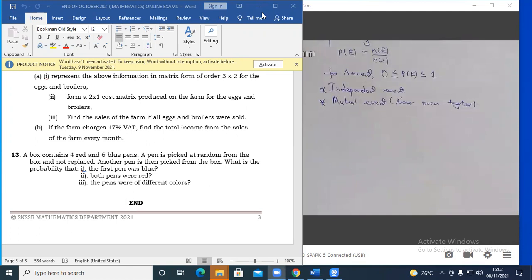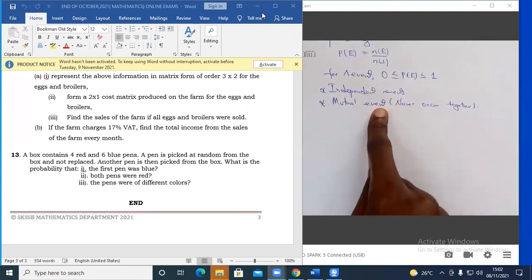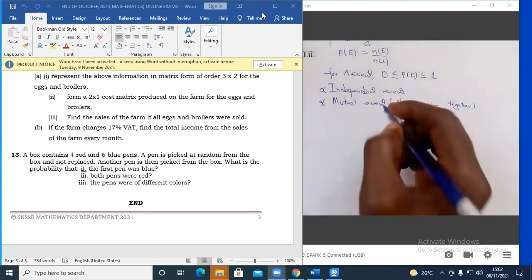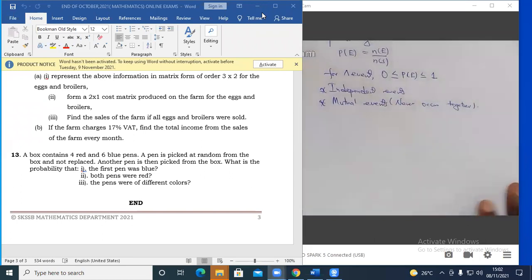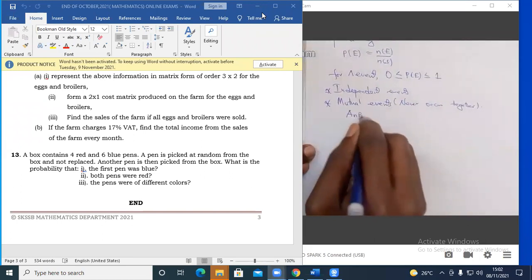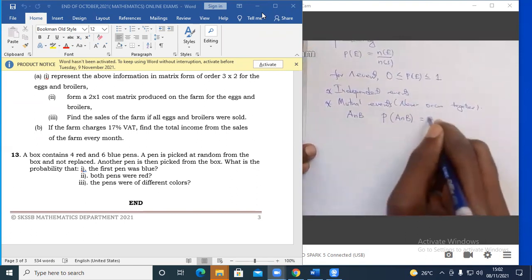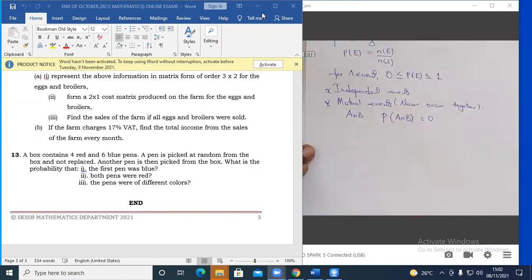Can you be alive and dead at the same time? No. Those are mutually exclusive events. So we are saying A intersection B, the probability of A and B occurring together, is 0.